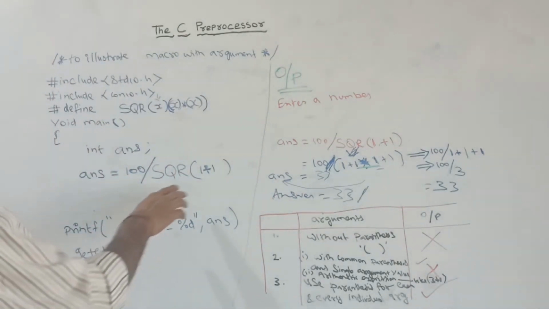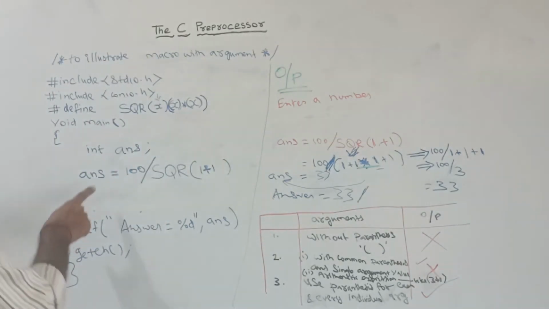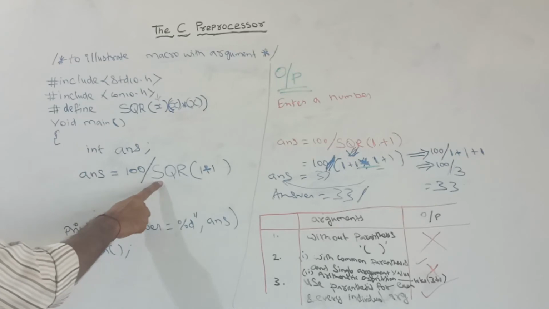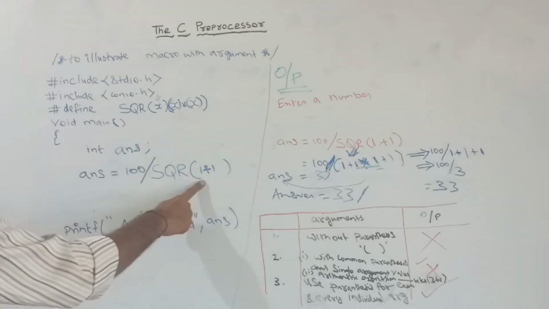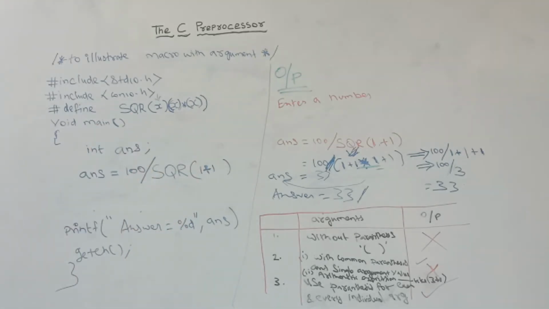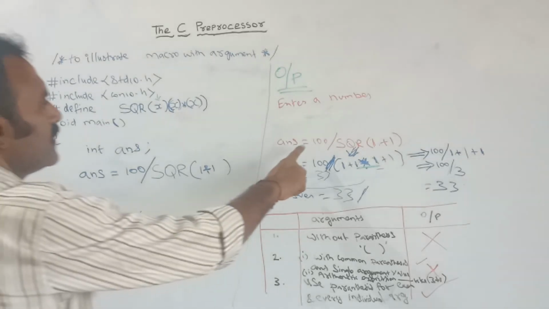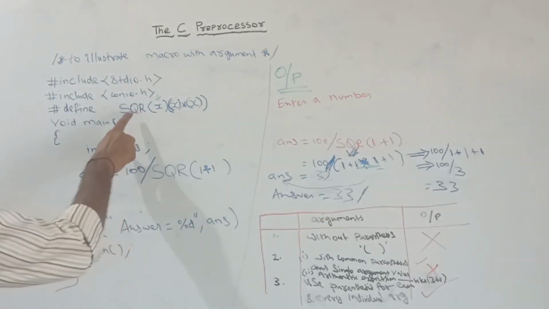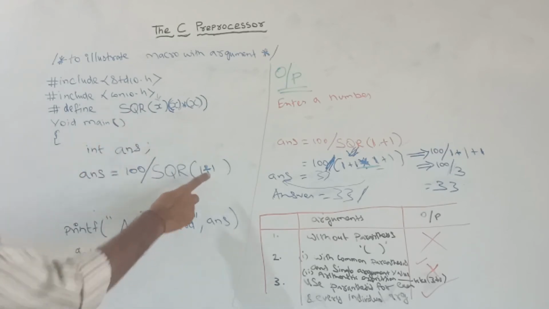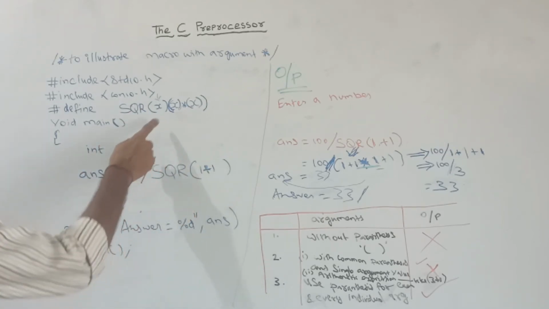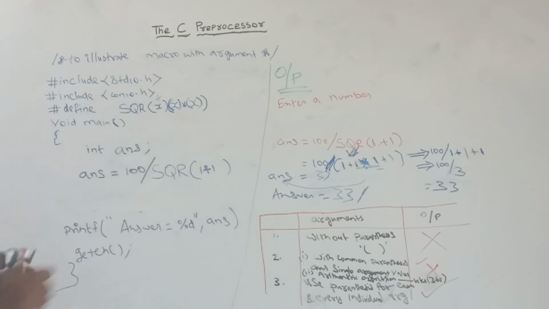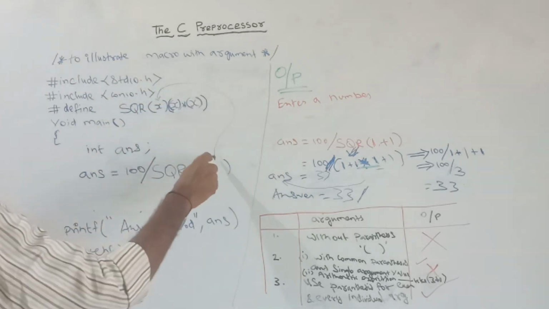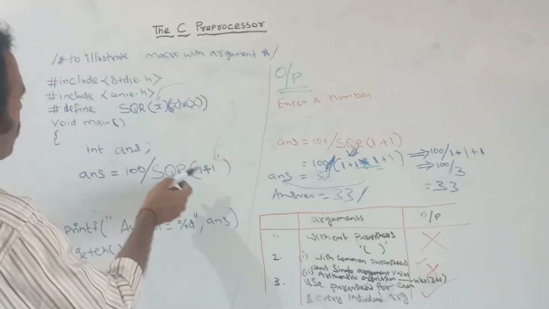So here now let us see the same one. Here answer is equal to 100 divided by SQR of 1 plus 1. Suppose you are giving it like this. In the SQR I am passing the value 1 plus 1, so that x value holds 1 plus 1.